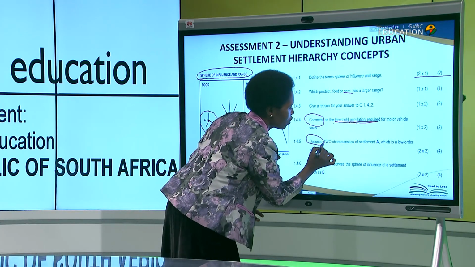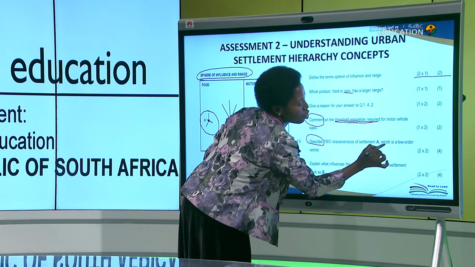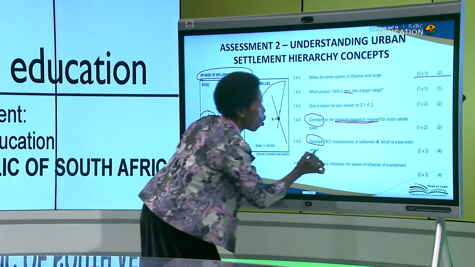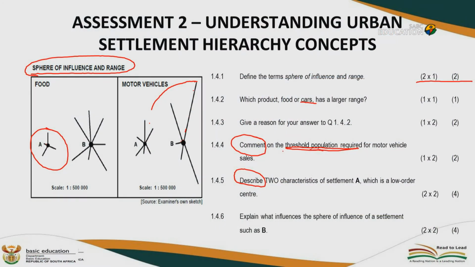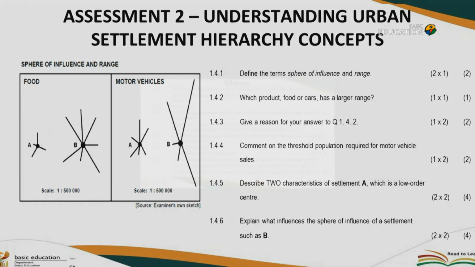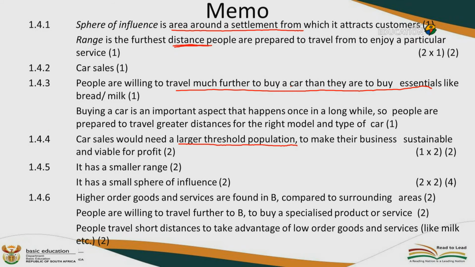They are saying, describe two characteristics of a settlement which is a low order. Okay, let us look at A, which is our low order. How do I describe the characteristics of this? Okay, it has what? A small range, and it has what? Small sphere of influence. So when you are writing that, these are the characteristics that you need to indicate. A small range and small sphere of influence.